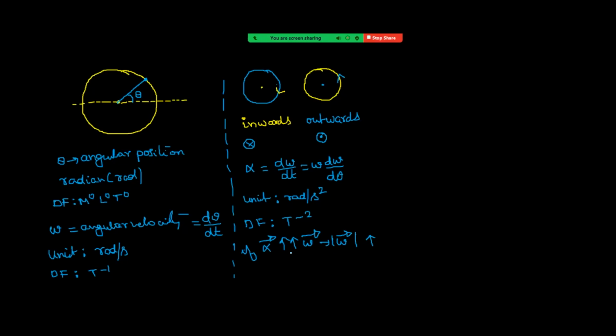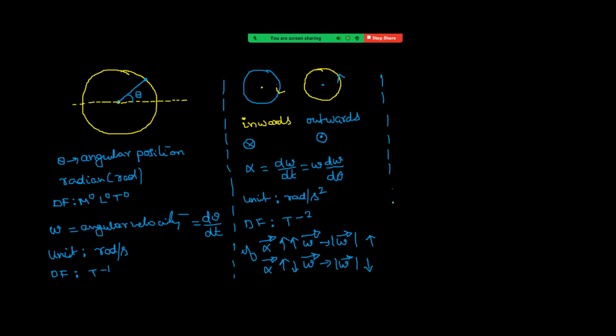The same thing we discussed in kinematics 1D: if velocity vector and acceleration vector are in the same direction, speed increases. It is now angular speed, that is the only change. In the same way, if alpha bar is opposite to omega bar, then the modulus of omega bar, that is angular speed, will decrease. So same as kinematics 1D.